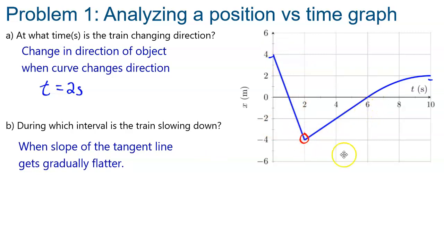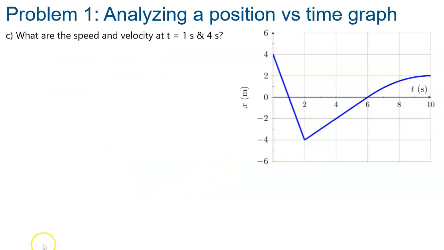So the only place where it actually starts to become flatter is in this region between 6 and 10 seconds. So our answer here will be that it is slowing down for the interval 6 seconds to 10 seconds. If you really want to be picky, you could claim that at exactly 2 seconds, it will actually slow down. But we'll come back to this once we sketch the graphs.